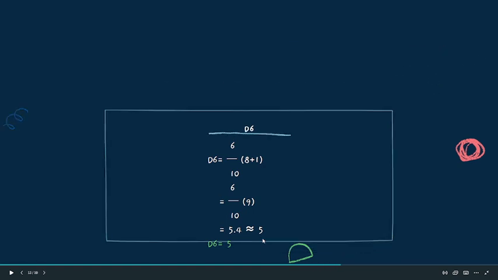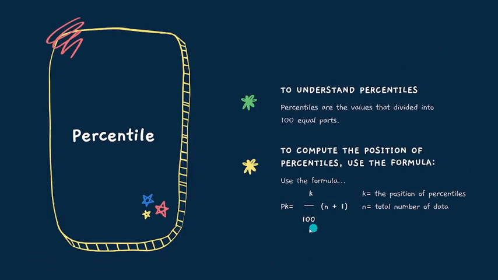Next, we have the percentile. Percentiles are the values that divide the data into 100 equal parts.